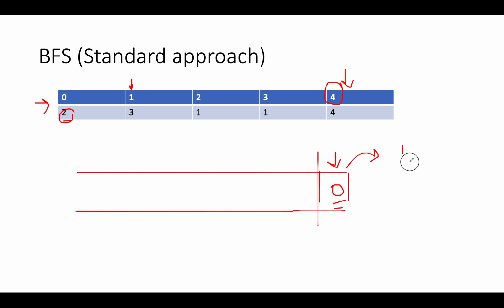That would be equal to i plus the value at the ith index, which in this case is 0 plus 2. That means you can reach up till the second index. So we'll add the corresponding children into the queue, 1 and 2, which are reachable from the 0th index, and we'll remove this element.